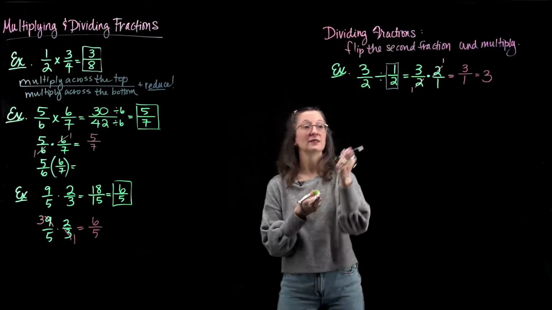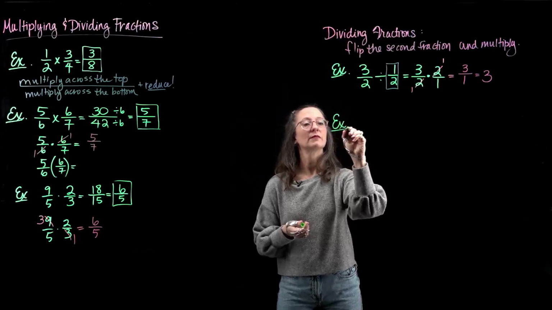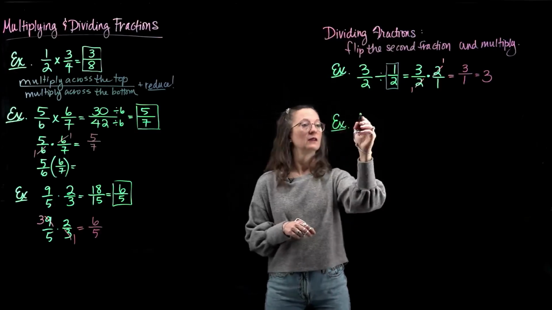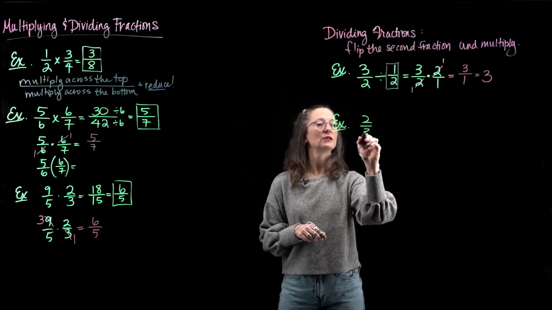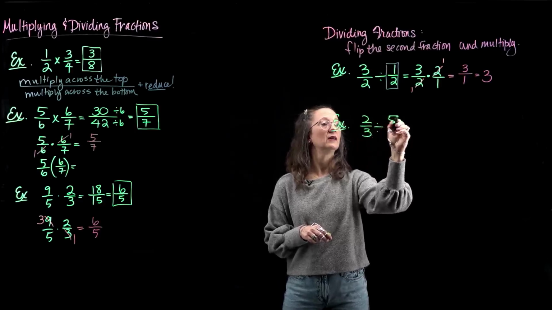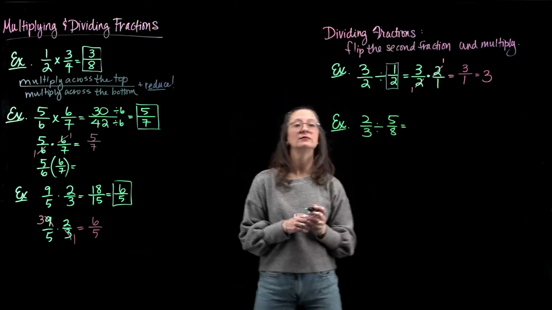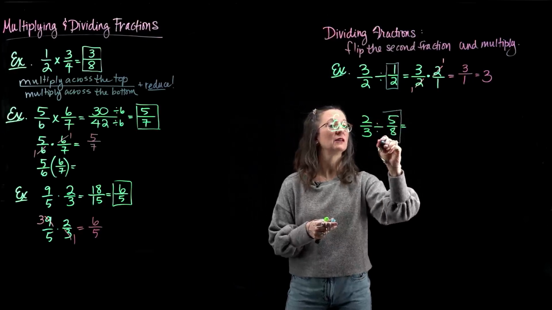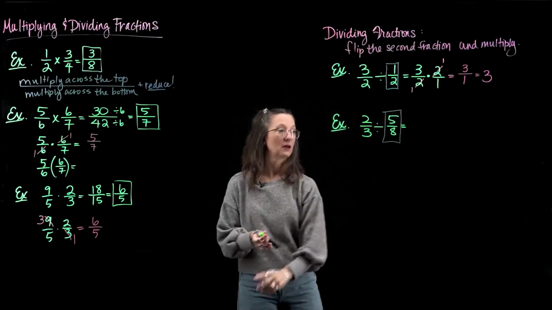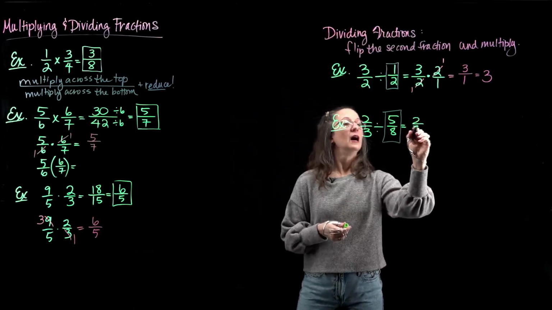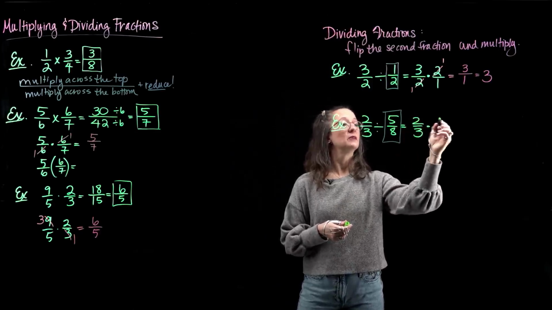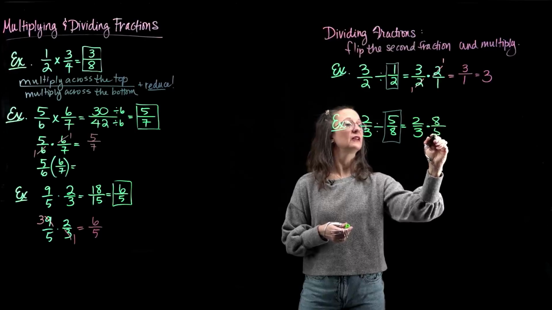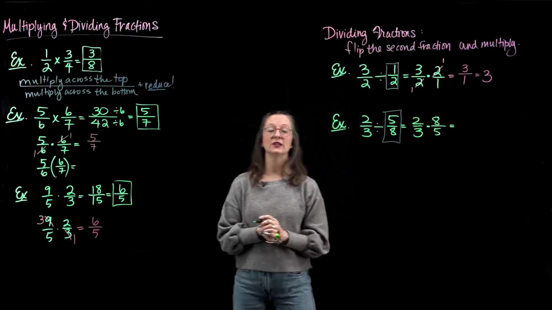Let's try another one of these. Let's do 2/3 divided by 5/8. Remember, we're going to take that second fraction. I'm going to rewrite this problem as multiplication and flip the second fraction.